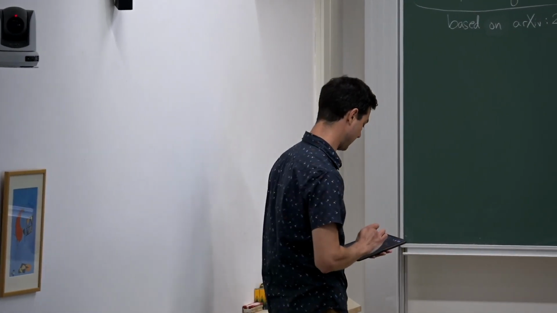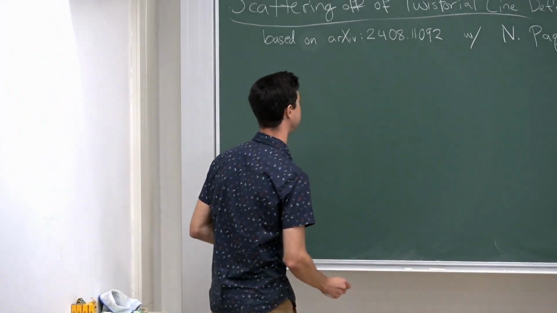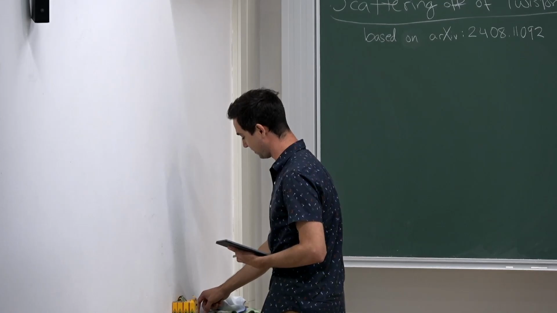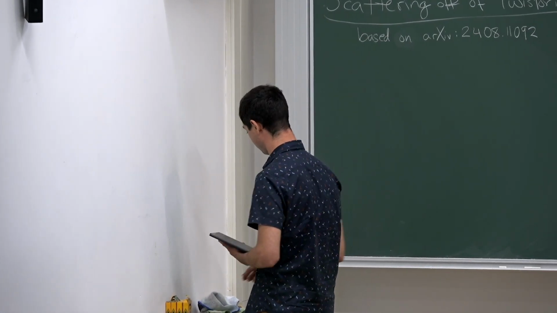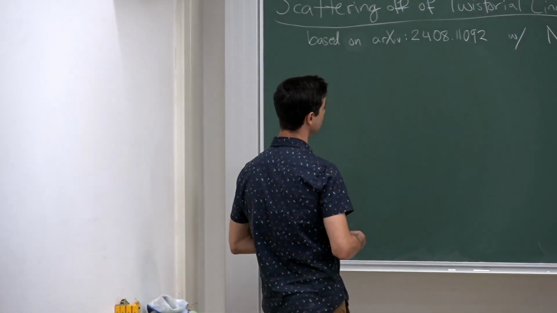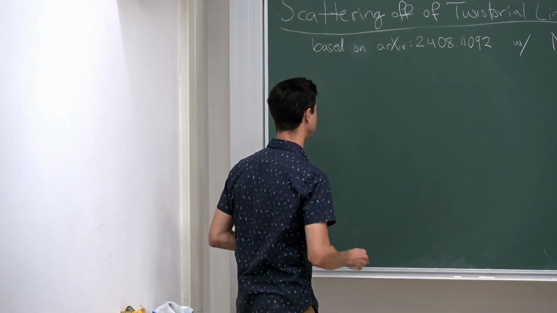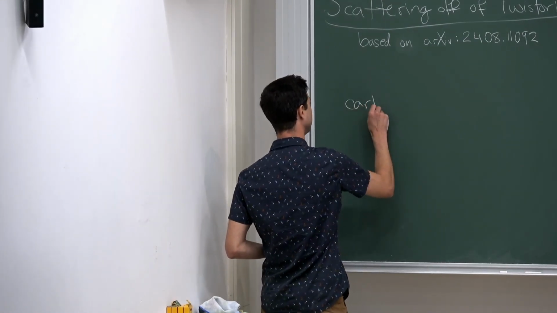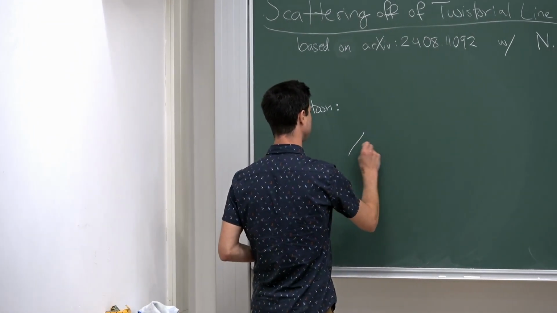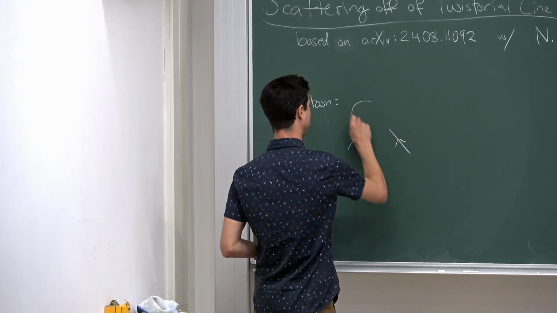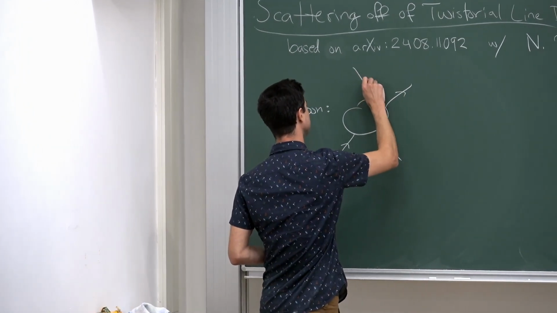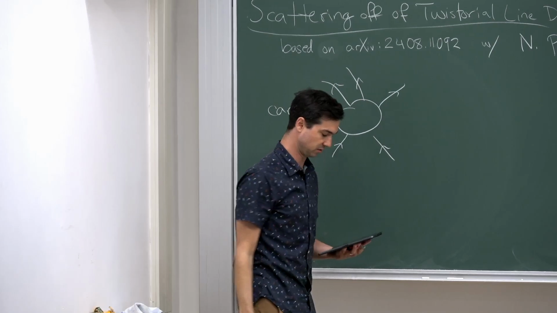But before I get into those details, I want to draw a cartoon of what I hope to illustrate today and what sorts of things we wanted to try to understand. The basic physics picture behind all of this is that we want to understand some scattering problems where we have some incoming particles and some outgoing particles.